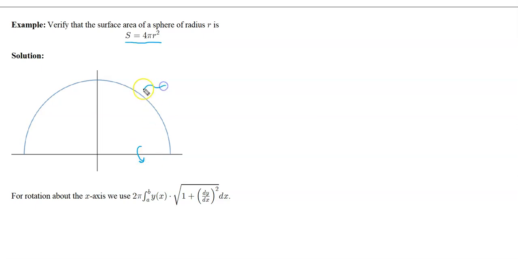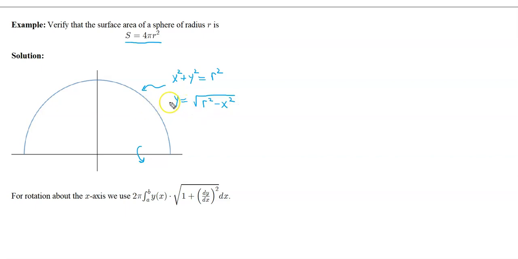Now for this curve, recall that for a circle of radius r, its equation is x squared plus y squared equals r squared. So that's a full circle of radius r. If we only want the upper half as we have drawn here, then we would solve this for y, and we would get y equals the square root of r squared minus x squared.